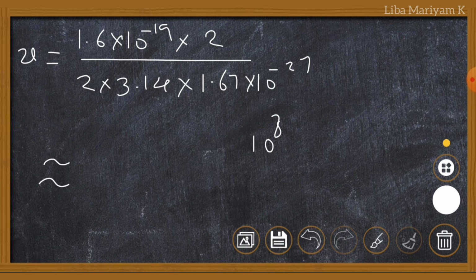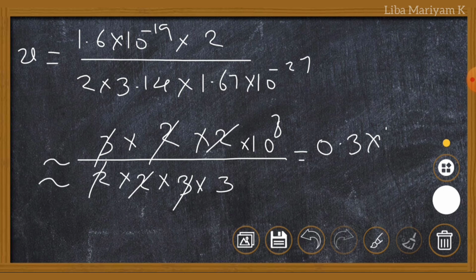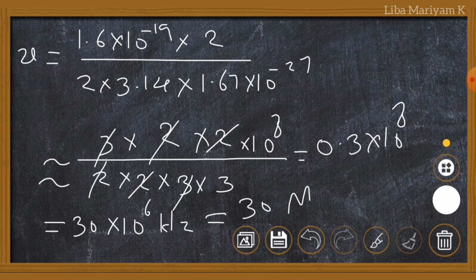And 1.6 approximately 1.5 ആക്കി എടുക്കുമ്പോൾ 3 by 2 into 2 divided by 2 into 3.14, 1.6 again 3 by 2 ആക്കി എടുക്കാം. 2 will be cancelled and 3 will be cancelled. 1 by 3 is 0.3 into 10 raised to 8, that is 30 into 10 raised to 6 hertz, which is equal to 30 megahertz.